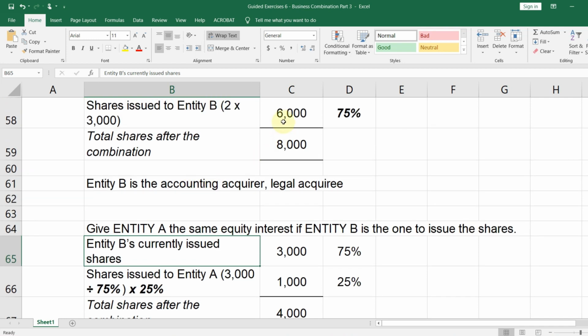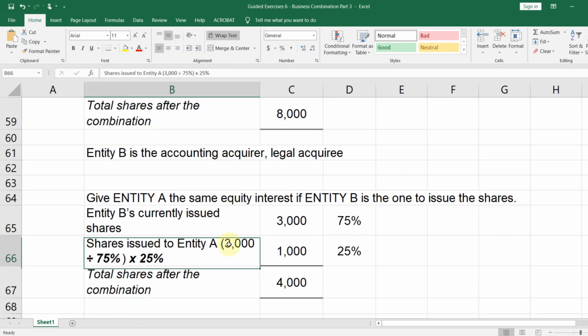Ma'am, why not 6,000? Because our mindset here is, what if B were the one issuing shares? That means you put its original outstanding shares on the day of the business combination, so 3,000. We know by computation that B has 75% in the combination. So 3,000 divided by 75% gives 4,000.